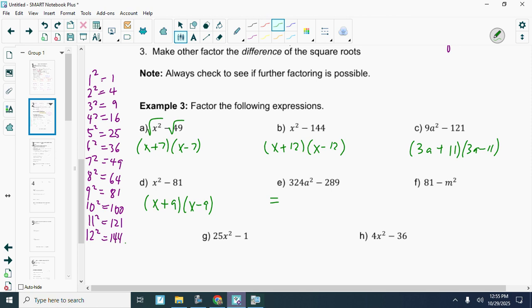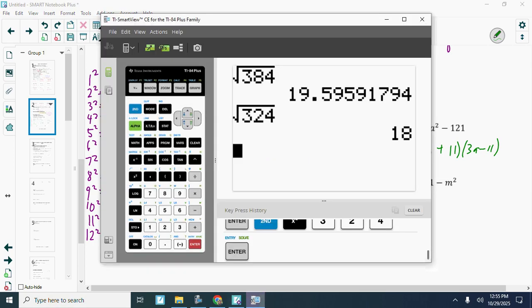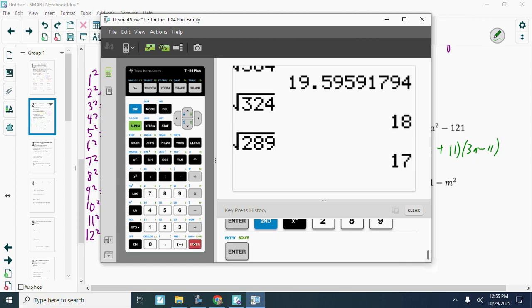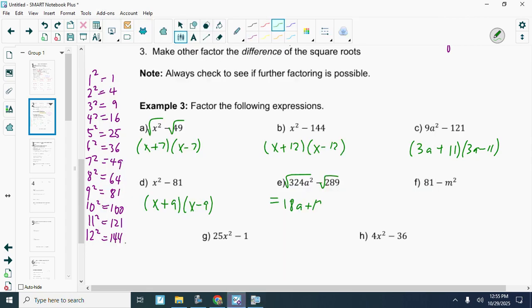So now we've taken the square root of both sides, right? So we have 18a plus 289. 289, 17. Awesome. Let's take the square root of both of them.